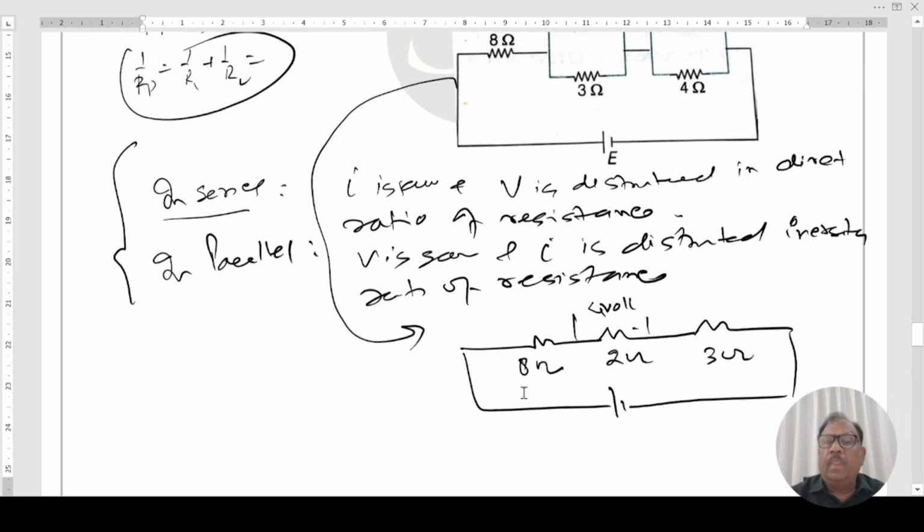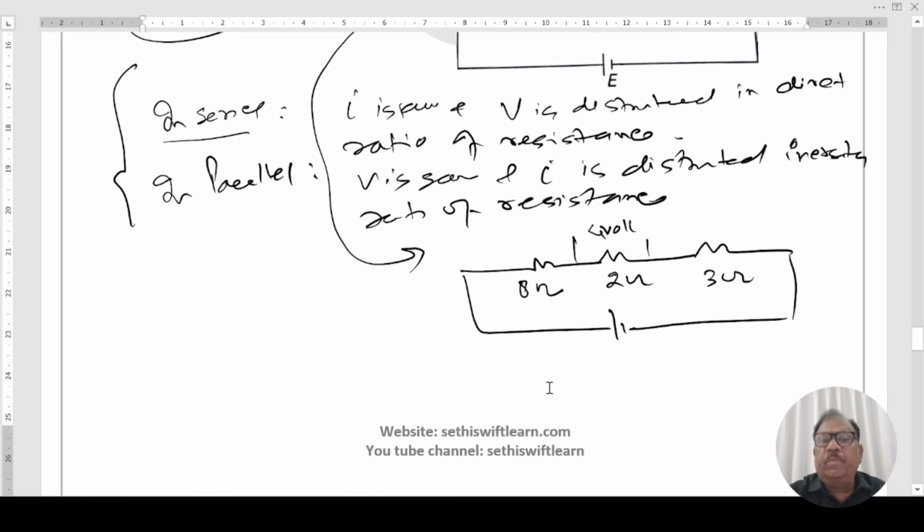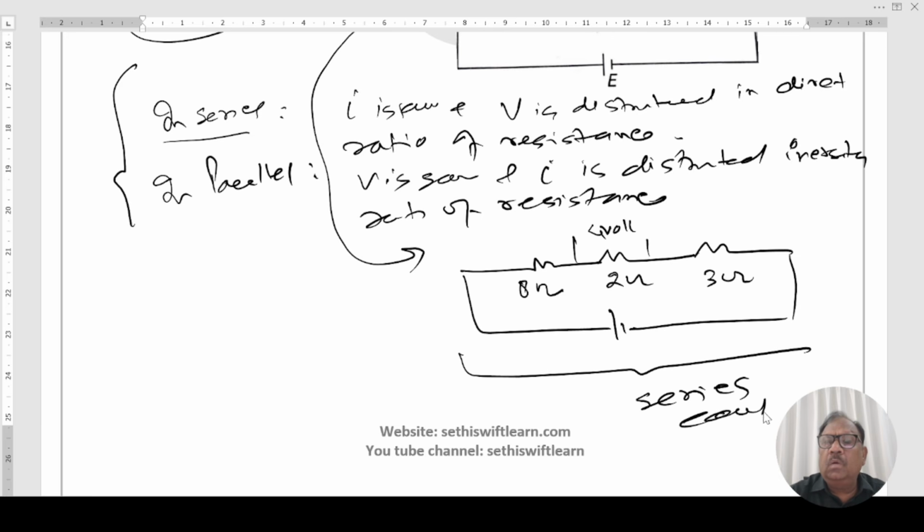Now, according to this concept, it is a series combination of 3 resistances. In this case, I will be same and V will be distributed in direct ratio of resistance.